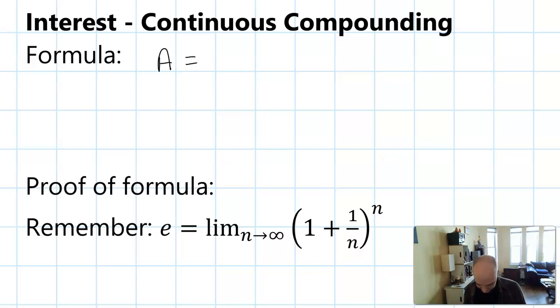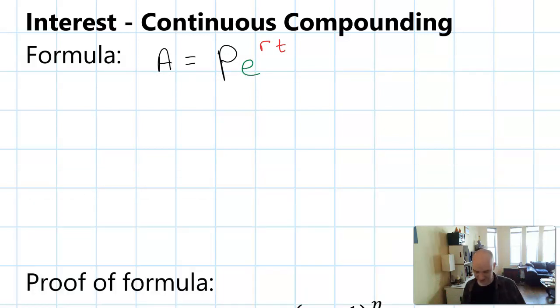The formula for continuous compounding, maybe you've seen it before, is A equals P e to the rt. And this will give you that continuous compounding property. But I always thought it was mysterious that it doesn't look at all like the other interest formulas before.